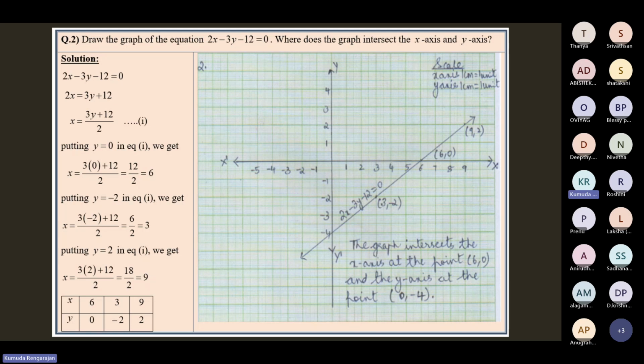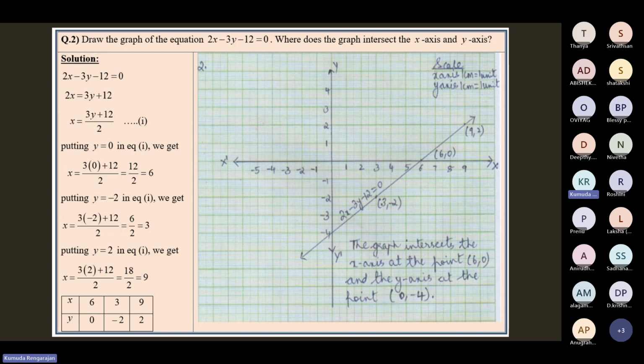Next, make an xy table and fill in these values. Now take a graph paper, show the x and y axes, take a suitable scale, plot the points, and connect them. You will be able to connect them by the same straight line. Once you get the line, write the equation on the line, write the scale, and also the points you have plotted. This makes your graph complete.